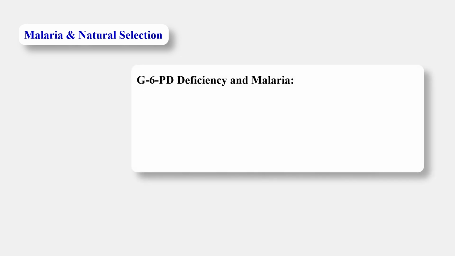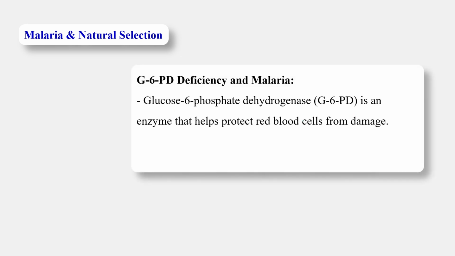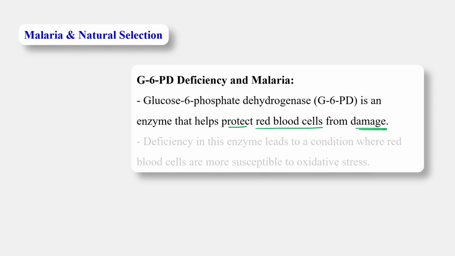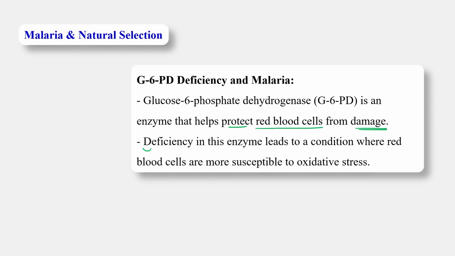Similarly, malaria and natural selection: there is an enzyme, glucose 6 phosphate dehydrogenase. It is a type of enzyme which actually helps to protect RBCs from damage. But some individuals don't have this enzyme; deficiency occurs in some individuals where RBCs don't have this enzyme, and at that time these RBCs are more susceptible to oxidative stress.